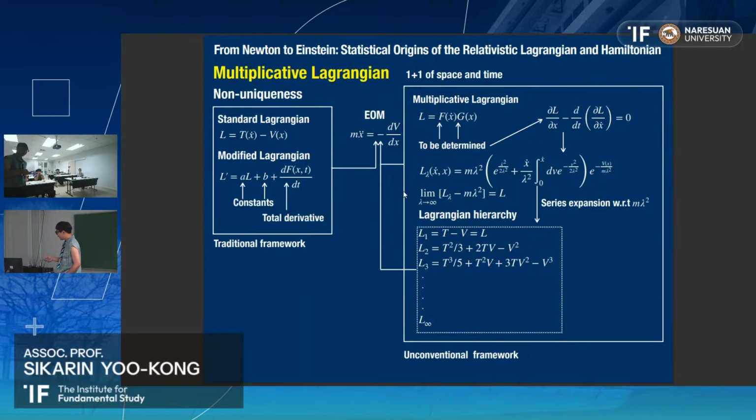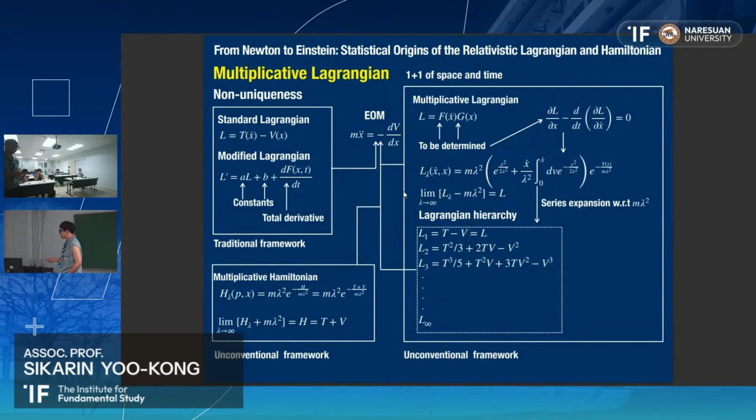Of course, we can work out what the multiplicative Hamiltonian is as well. Once you get this L lambda, you can apply the Legendre transformation, and then you get this new Hamiltonian with the parameter lambda, which is in the form of an exponential one.